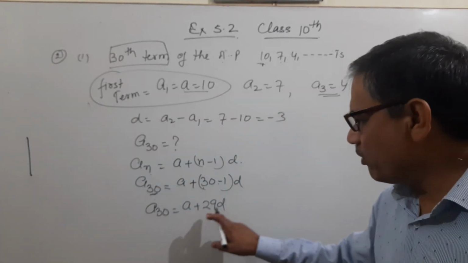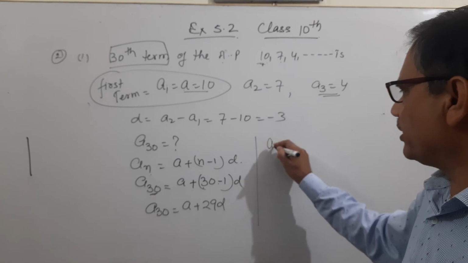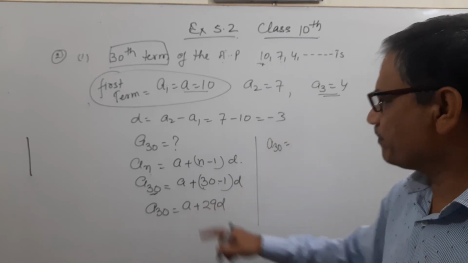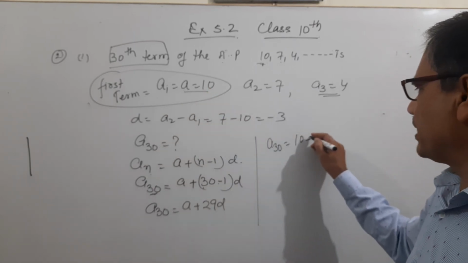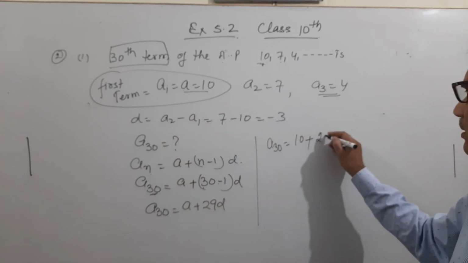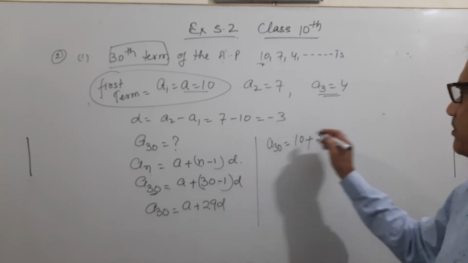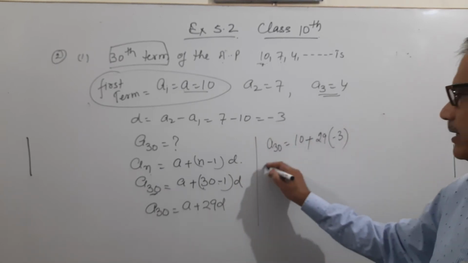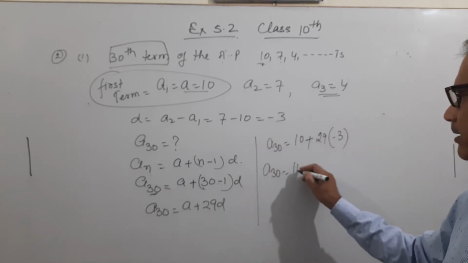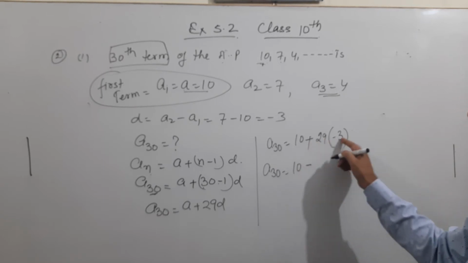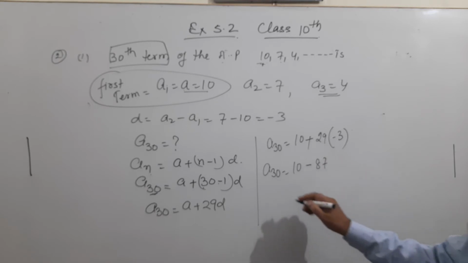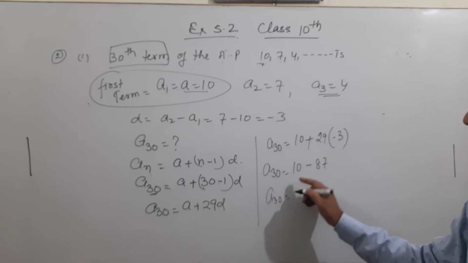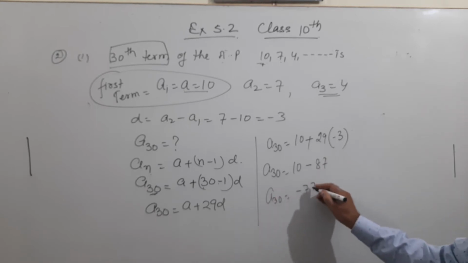Now we have to put the value of A and D. That means A38 is equal to, what is A? A is 10. 10 plus 37, and D, what is D? D is minus 3. Then A38 is equal to 10 plus 37 multiplied by minus 3, that will be minus 111. A38 is equal to 10 minus 111, that will be minus 101.